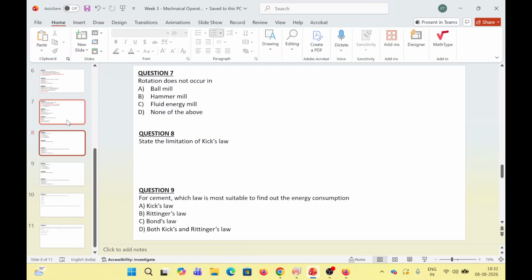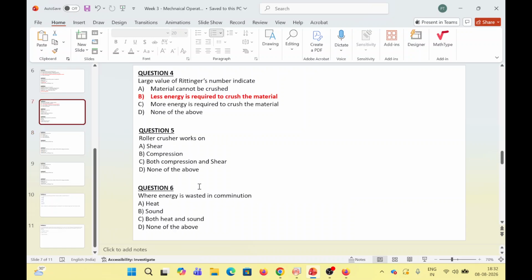Now, roller crusher. No, before that, let's move to question 6. How is energy wasted in the comminution process? Is it in the form of heat, sound, both heat and sound, or none of the above?